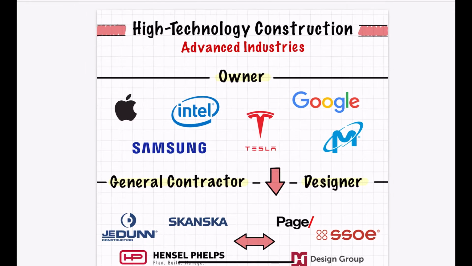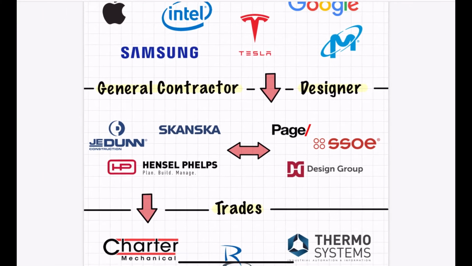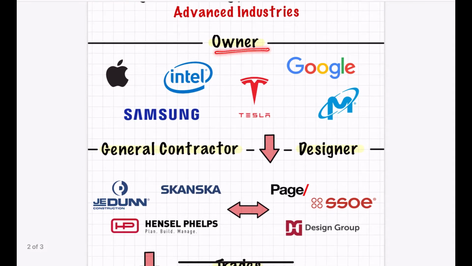So I just threw together some lists here. These would be any semiconductor companies, microelectronics companies, just anything, for example, that would be wanting to build anything or solicit bids.